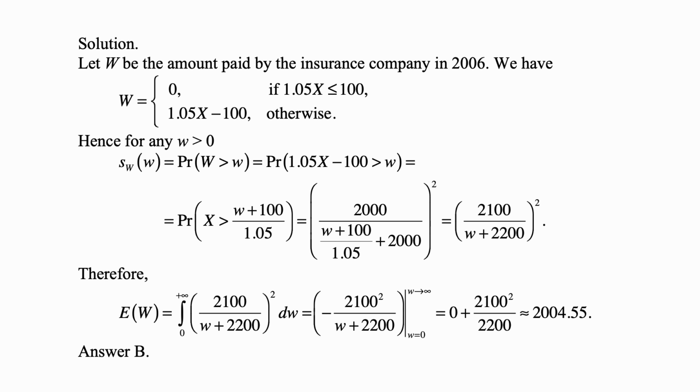And the function whose derivative is what we have here is minus 2100 squared over (w plus 2200). And we evaluate from w equal to 0 to w going to infinity. At infinity, it's equal to 0, and we subtract the value at 0, which is minus 2100 squared over 2200. And of course, we subtract a negative value so that it becomes positive. And that's approximately 2004.55, which is answer B.